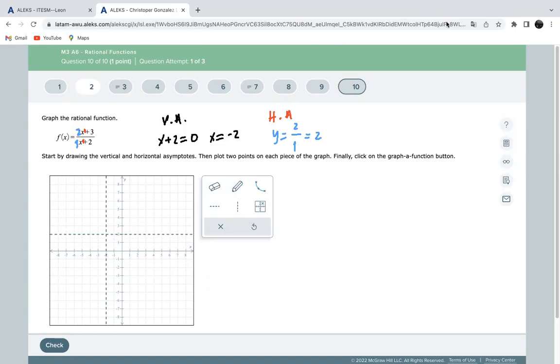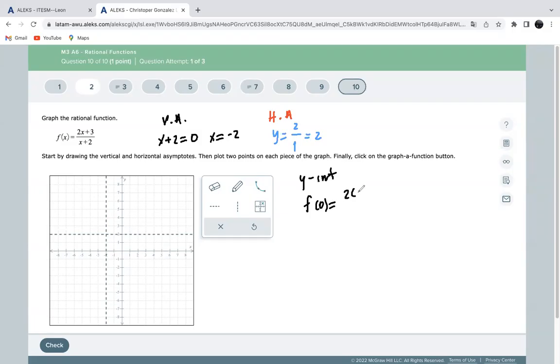And I would suggest that you go for the y-intercept and the x-intercept as well to get a couple of easy coordinates. So the y-intercept is about evaluating your function at 0. You're pretty much asking yourself, what value would I be getting when x is 0?